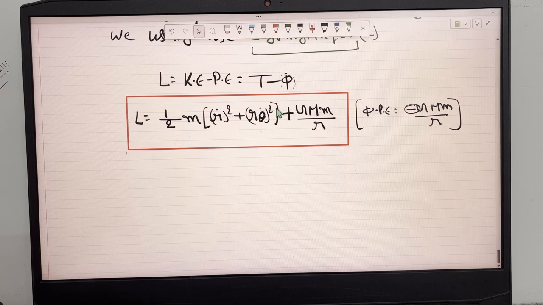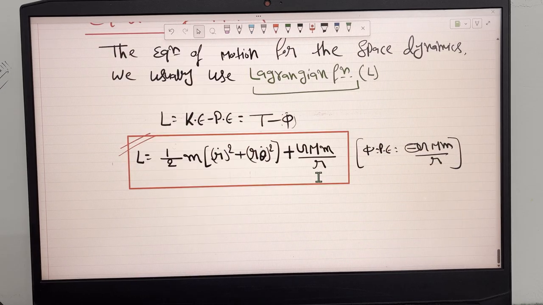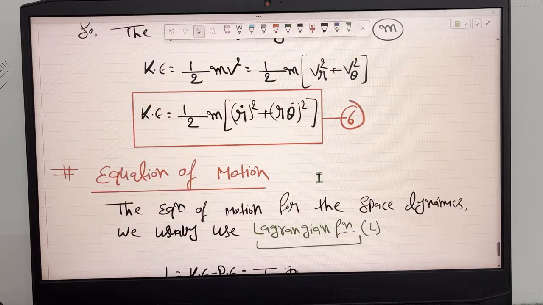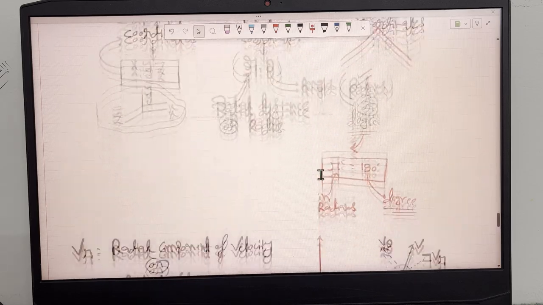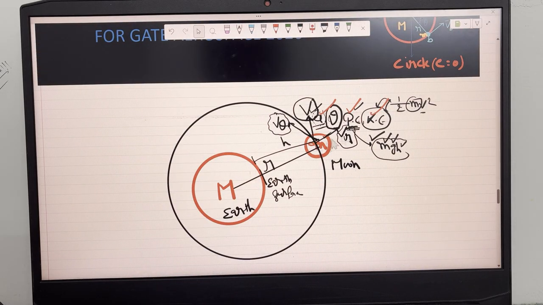Basically what we are doing is we have to find the equations of motion in the radial direction as well as the tangential direction.